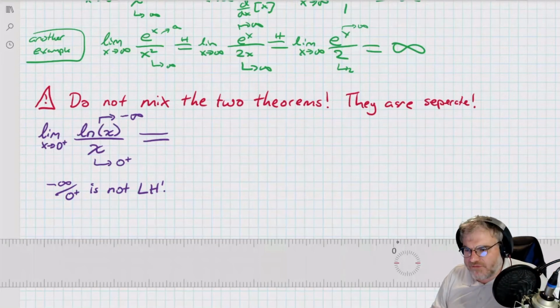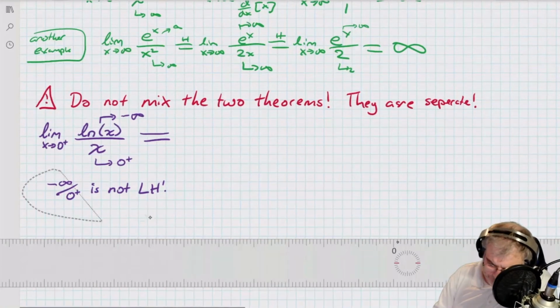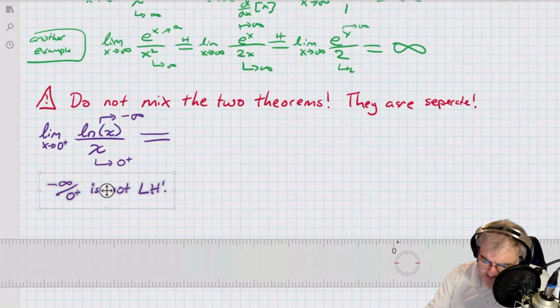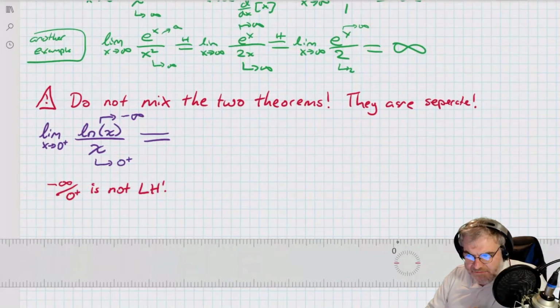One to five, how do we feel about that? I have two separate theorems. I have one for infinity and one for 0. And if I've got negative infinity over 0, that's not L'Hopital.